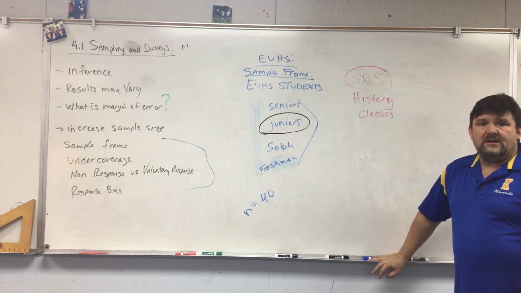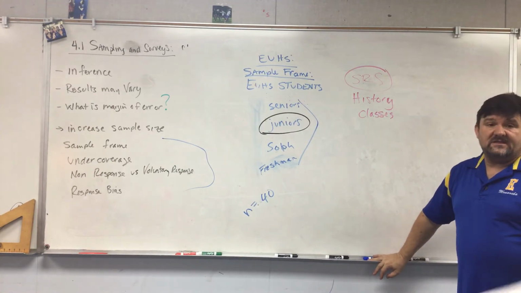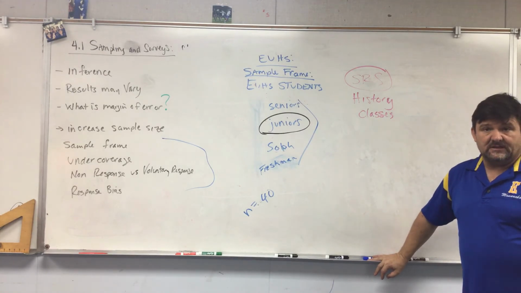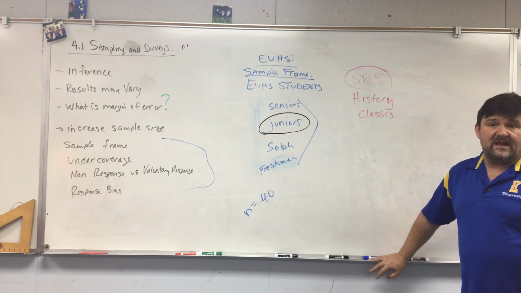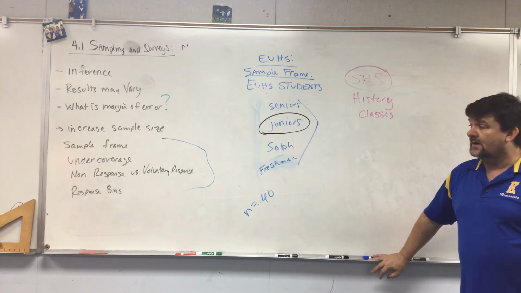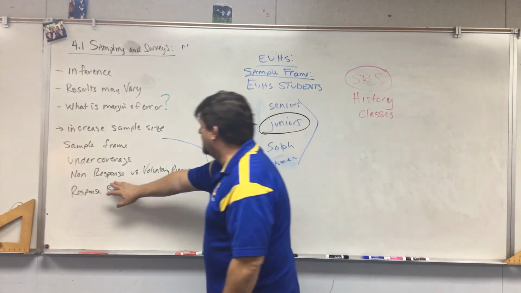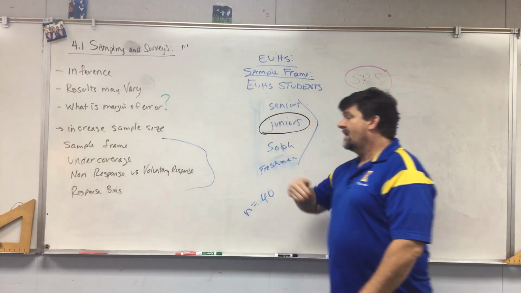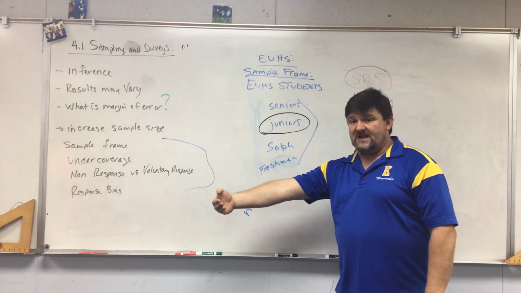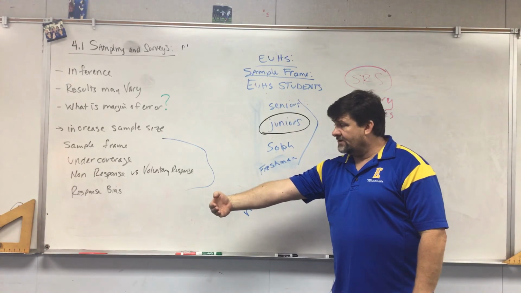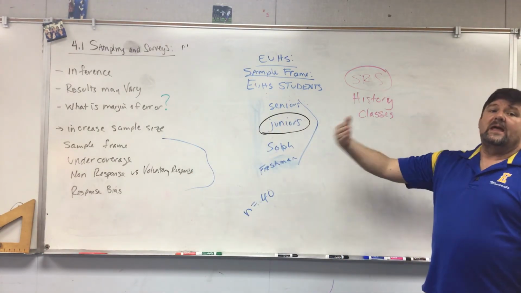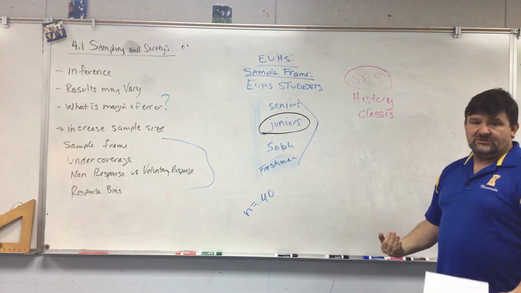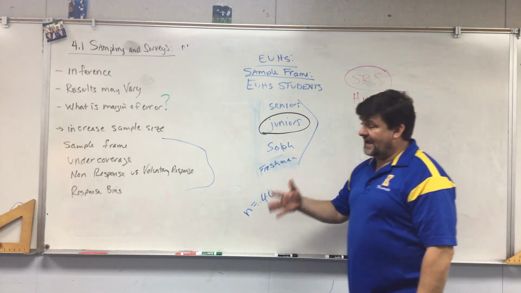So at that point, you have the option of saying, okay, thank you, and then you choose another student. Then don't worry about counting their results. They didn't give you an answer. You would just randomly choose another one. That's the difference between non-response and voluntary response. Voluntary is an error before you sample, and then non-response is a non-sampling error on the other side. They just choose not to answer that.